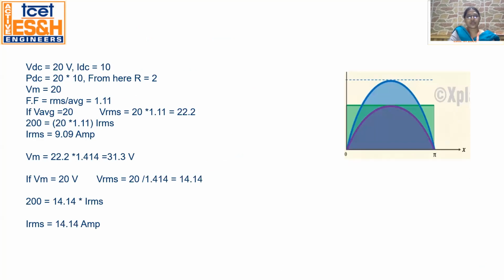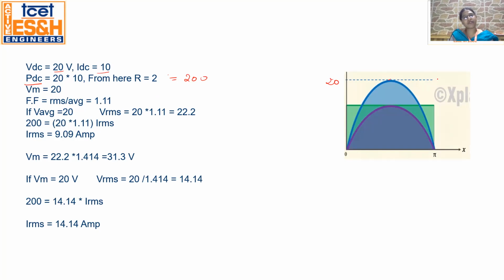Okay. So here I'm taking one example. VDC is 20 and IDC is 10. So PDC in our case is 200. Now for AC voltage, we also have to produce the same amount of power, that is 200. But you see that the AC has a different waveform shape from the DC.